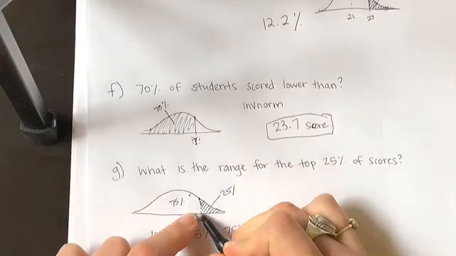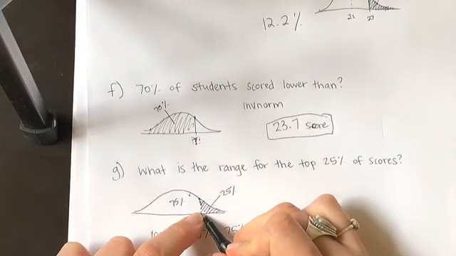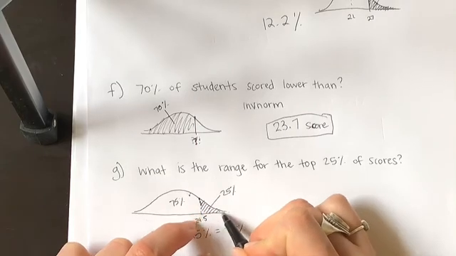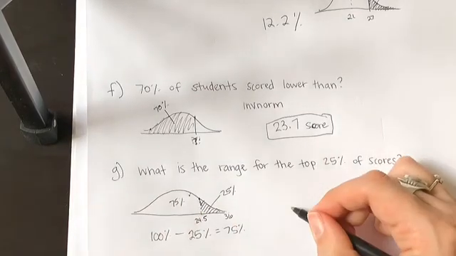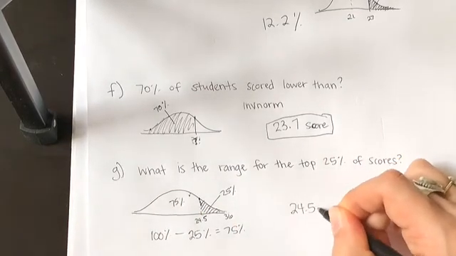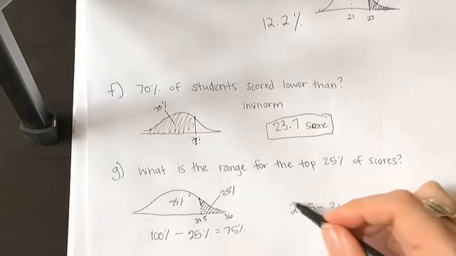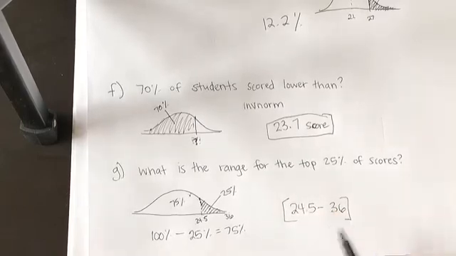On the flip side though, if I want the top 25%, it's actually going to go to the right. So 24.5 or higher. And really the highest you can get is a 36, right? So a 24.5 to a 36 on the ACT, that would be your range. The top 25% of students score between that.